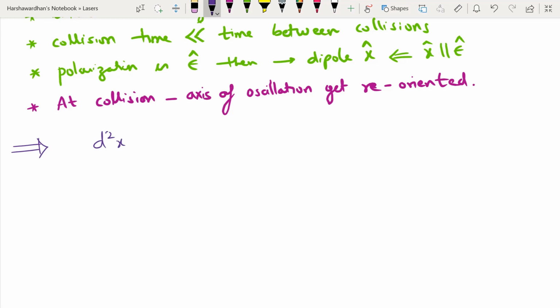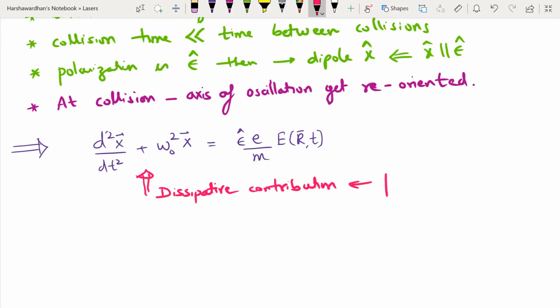I had d2x over dt squared plus omega naught squared x equal to epsilon times E by m, where epsilon is the polarization of the incoming field and E is the electric field associated with the electromagnetic wave at the location of the nucleus. So you recall this. Now, for the Lorentz model, what I had done was include in this equation a dissipation term, which depended on the factor beta, which was precisely what determined the width of a Lorentzian.